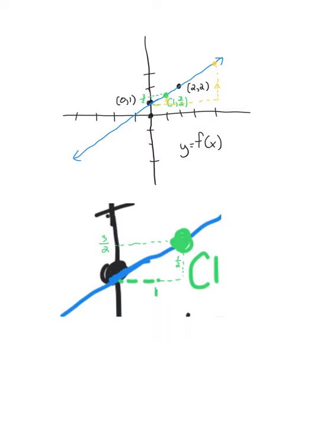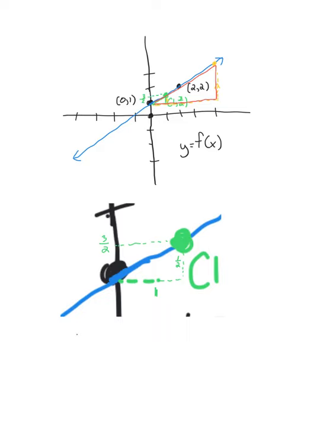So the little green triangle here and the big red triangle are going to be similar, which tells us that the sides are going to be in proportion to each other, which is really, really cool.